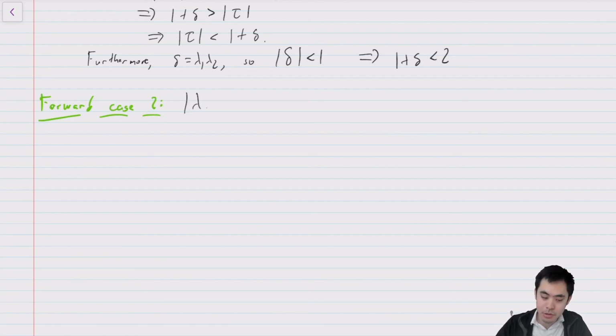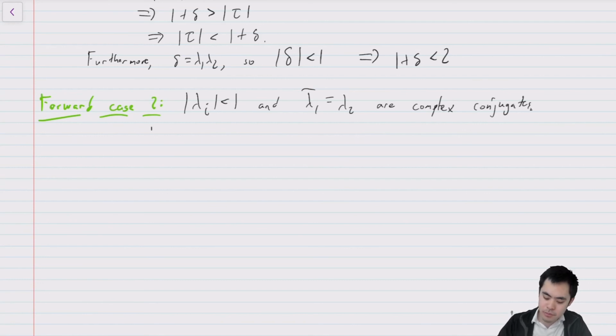We have |λi| less than 1, and if the eigenvalues are imaginary, then they're complex conjugates of each other, because we have real coefficients. Well, we know that τ² is less than 4δ, because if not, then it wouldn't be complex.